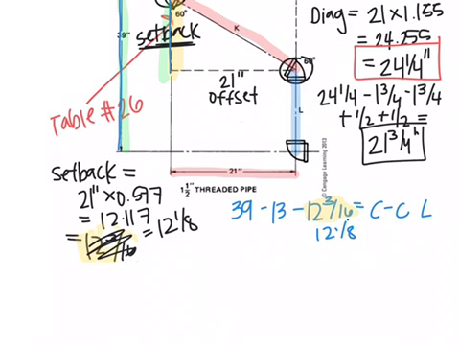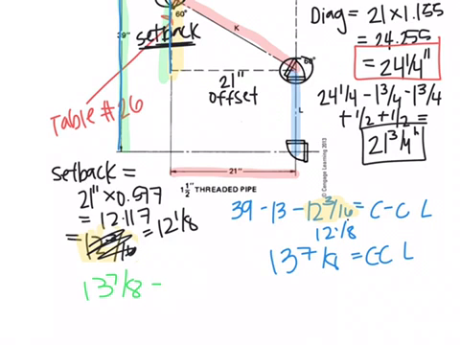When we do this, I am getting 13 and 7/8 for my center to center of L. Now that we know center to center of L, we're able to take it one step further. Our final goal is to find the end-to-end measurement. So we have 13 and 7/8. We need to do our takeoffs.